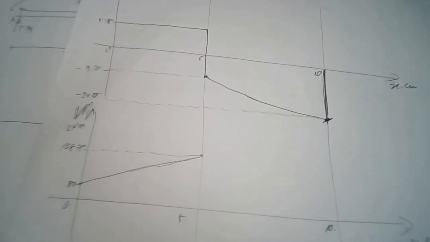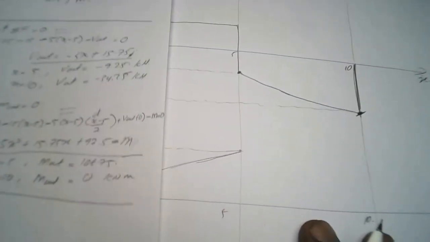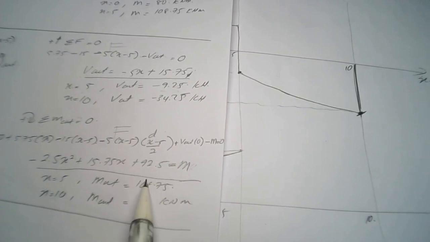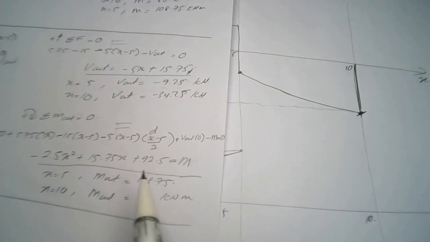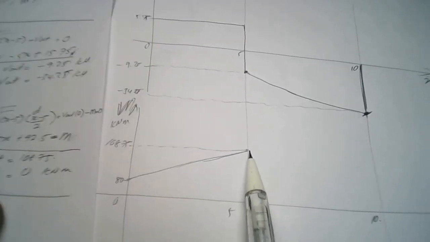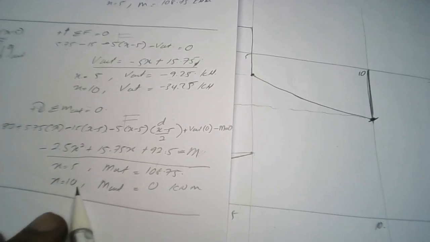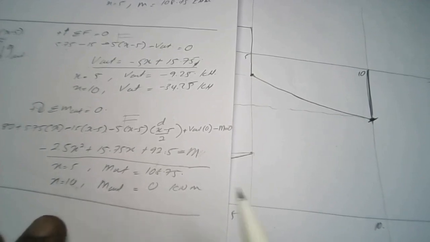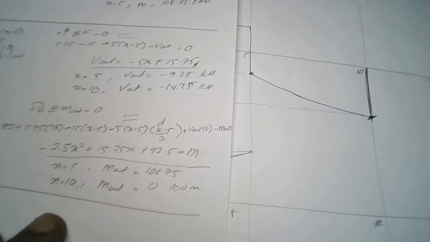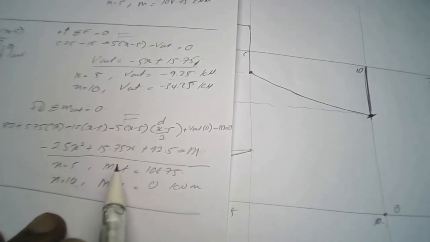For the bending moment, we have a quadratic equation here. If x equal to 5, at the point here, it is 108.75. If x is 10, the m value is 0. Okay, so it's a quadratic.